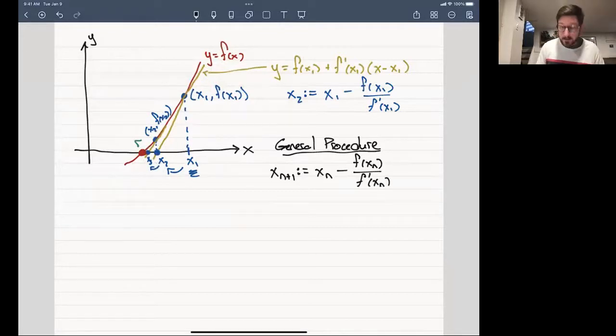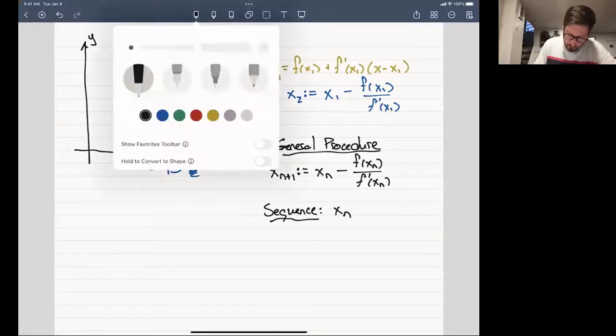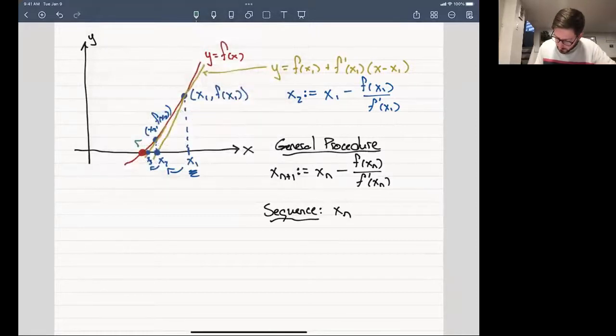Right? So this gives a sequence, something that we are very, very familiar with now, a sequence xn, and maybe I'll just put this in brackets, hopefully we have that xn converges to R.